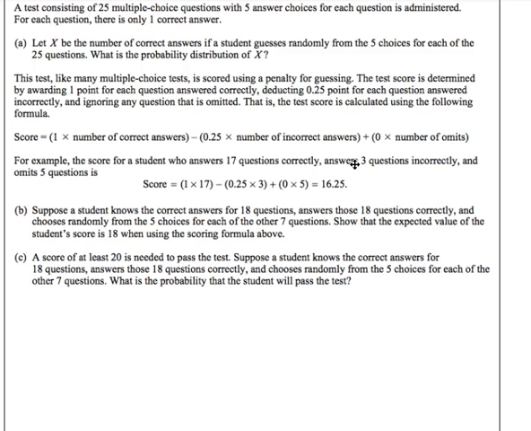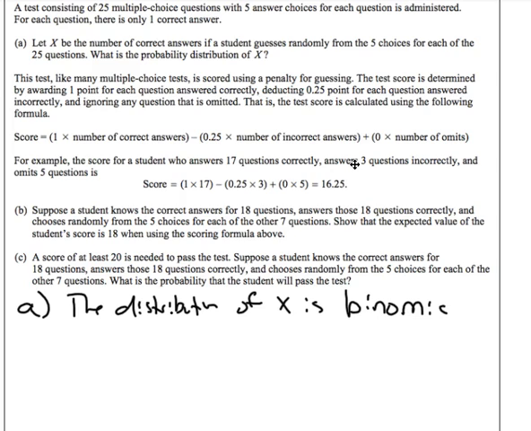So part A, the distribution of X, I'm hoping you can see is actually binomial, with probability of success of 0.2 or 1/5, and n equals 25 trials because there are 25 questions.